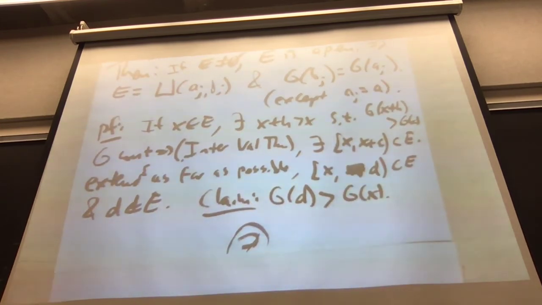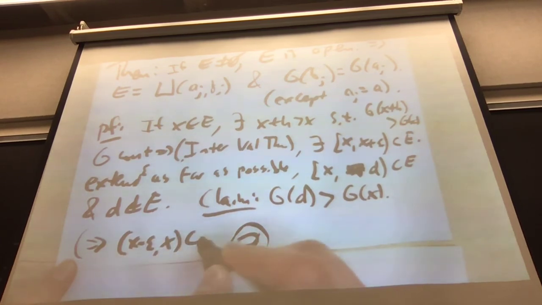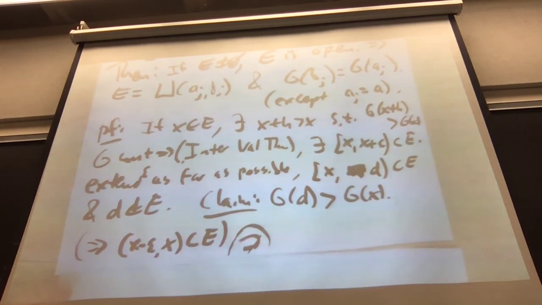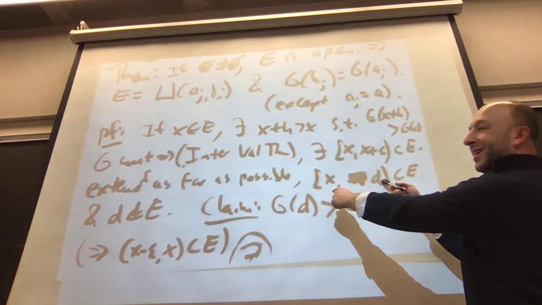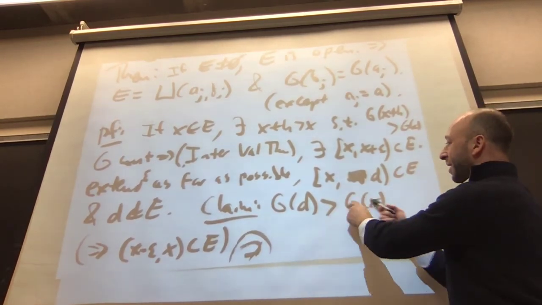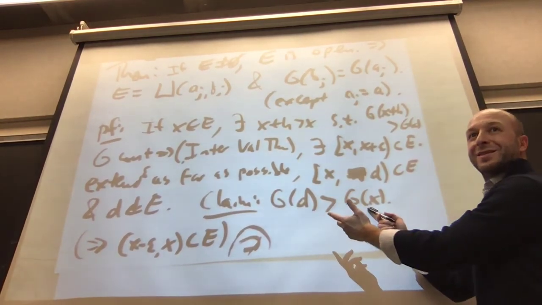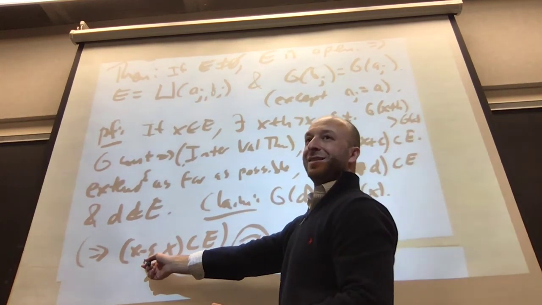Why does this imply that we now also have left continuity? This implies x minus epsilon to x is also in E. Well, I have this interval, and I know that on this interval I rise by some amount, and so there's a neighborhood of x that rises by less than half of that amount by continuity, and that neighborhood goes to the left.